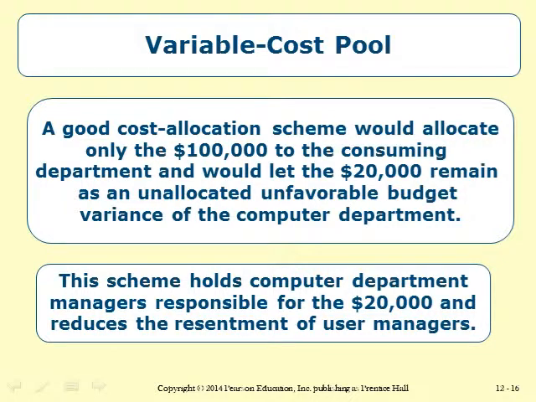So if we allocate the overage of $20,000 to the user departments, increasing their cost and reducing their profitability, or increasing the cost of the product, perhaps impacting the level of sales, then there's going to be a performance issue or a conflict, because the user department is going to be resentful of having to absorb the additional $20,000 overage that they had no control over.